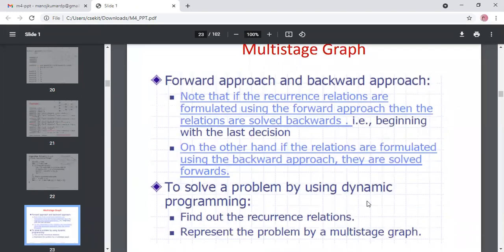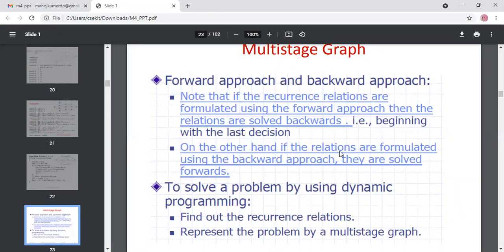Now you come to the next multi-stage graph. We have solved using both the forward approach and the backward approach. Note that if the recurrence relations are formulated using the forward approach, then the relations are solved backwards, that is beginning with the last stage.